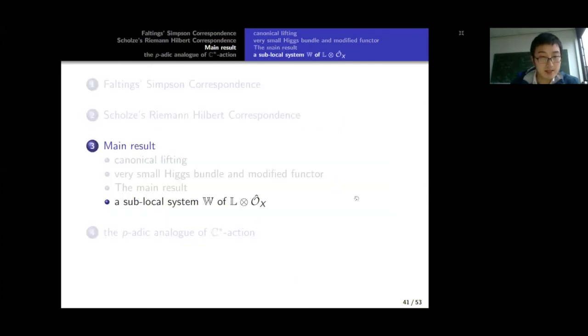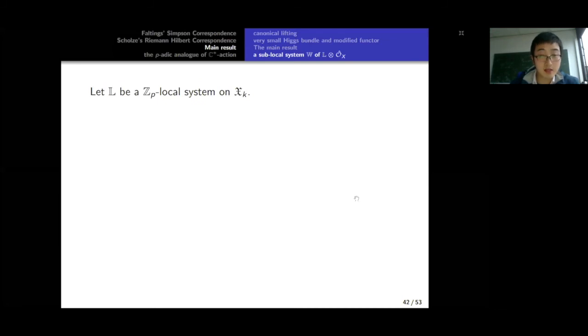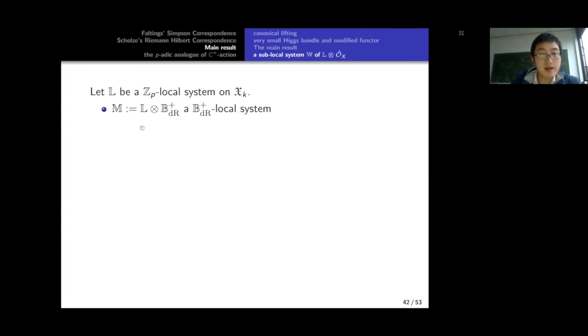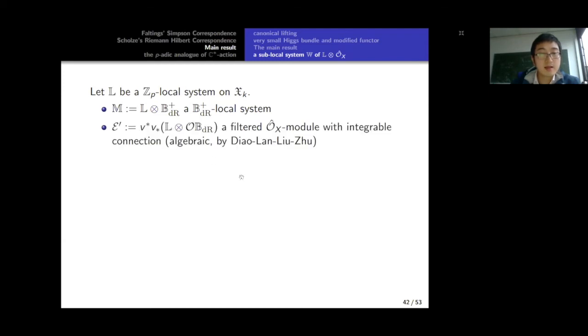Okay, next I want to talk about a sub log system of L tensor O hat X. Let L be a Z_p log system on the generic fiber of X. Then we can extend the coefficient to B_dR^+, and we get a B_dR^+ log system over X pro-étale.